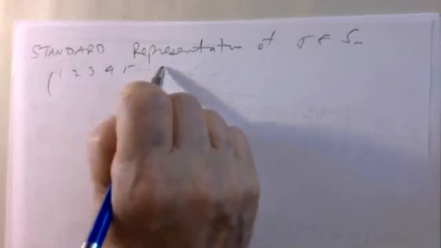So I can write down this sort of 2 by n matrix, 1, 2, 3, 4, 5, up to n. And so here I have the numbers 1 to n, and under it I put the numbers that sigma sends them to, like 1 goes to sigma of 1, 2 goes to sigma of 2, 3 goes to sigma of 3, and so forth.